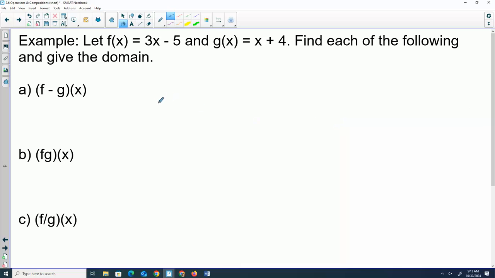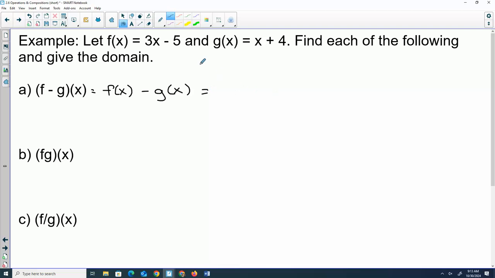Alright, so I said f minus g of x. So the difference is I didn't give you a number to plug in this time. When I look at that, if there's no number, I'm just thinking this is telling me I have f of x minus g of x.